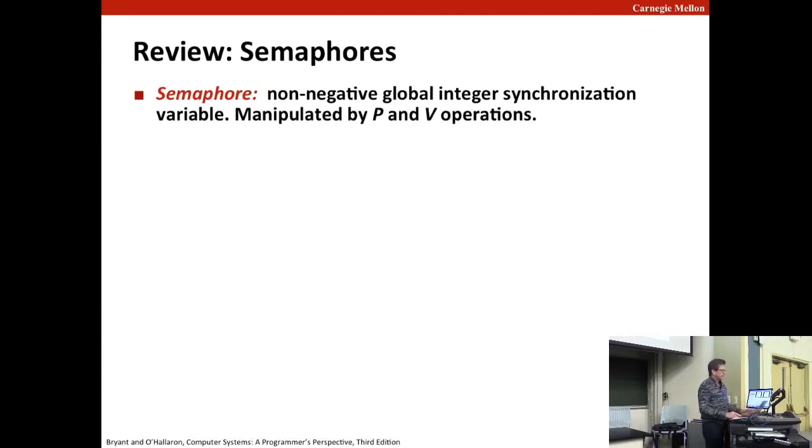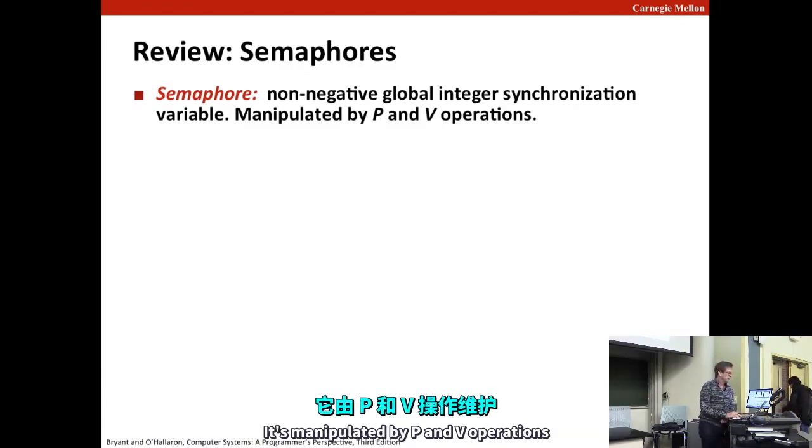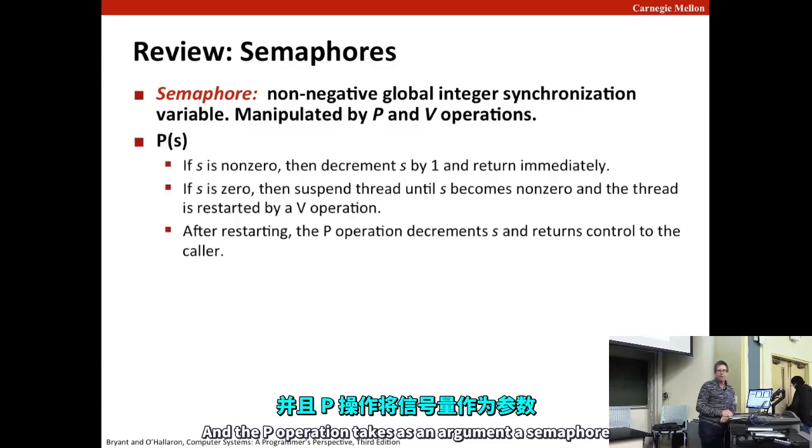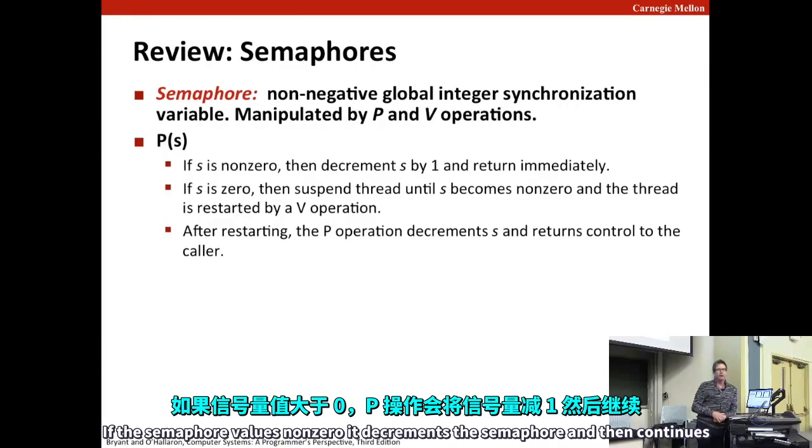So recall that a semaphore is a non-negative global synchronization variable. It's manipulated by P and V operations. And the P operation takes as an argument a semaphore. If the semaphore value is non-zero, it decrements the semaphore and then continues.